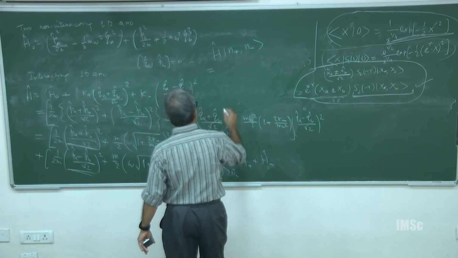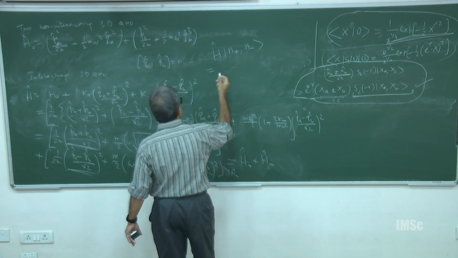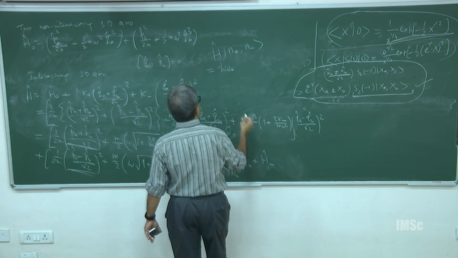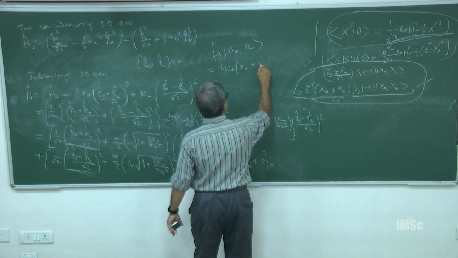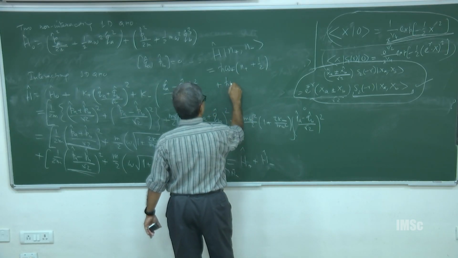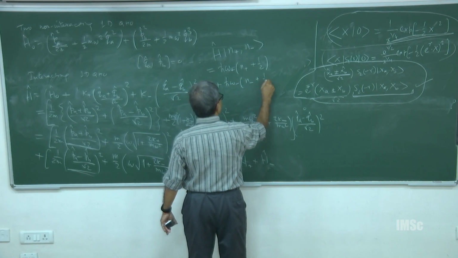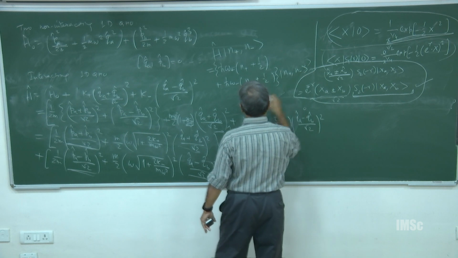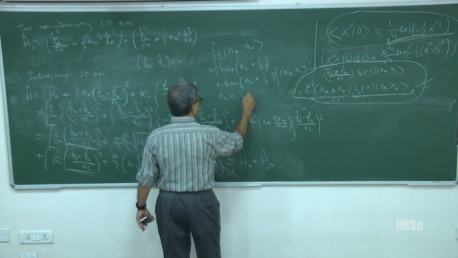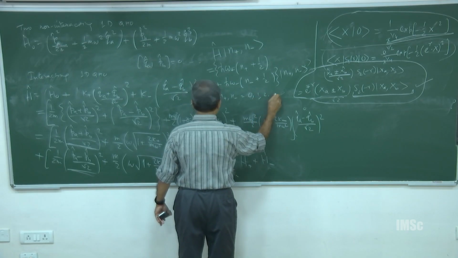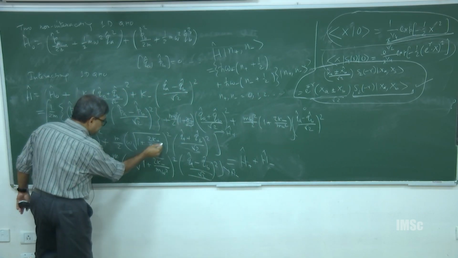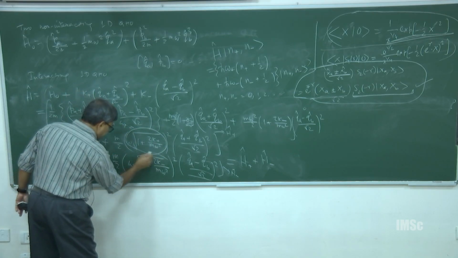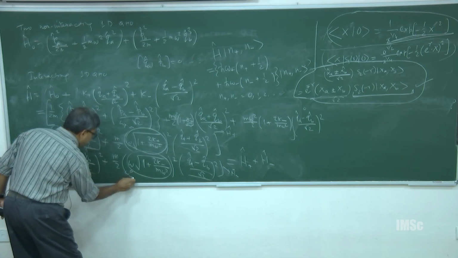So let me call it h cut omega plus, n plus half, plus h cut omega minus, n minus plus half, where n plus and n minus are 0, 1, 2, 3, etc. So this frequency, this one with this k plus, you call it omega plus, and this frequency you call it omega minus.